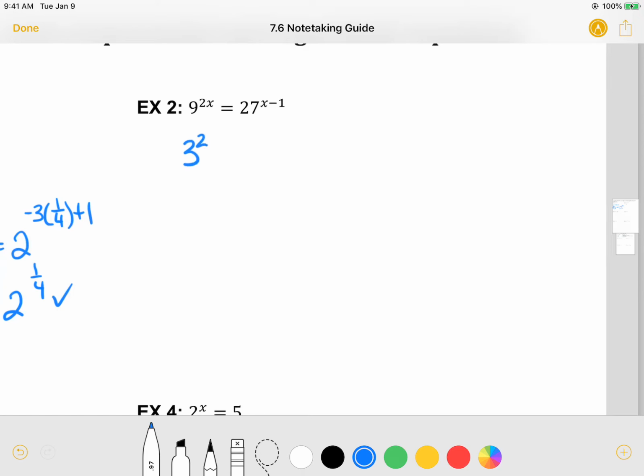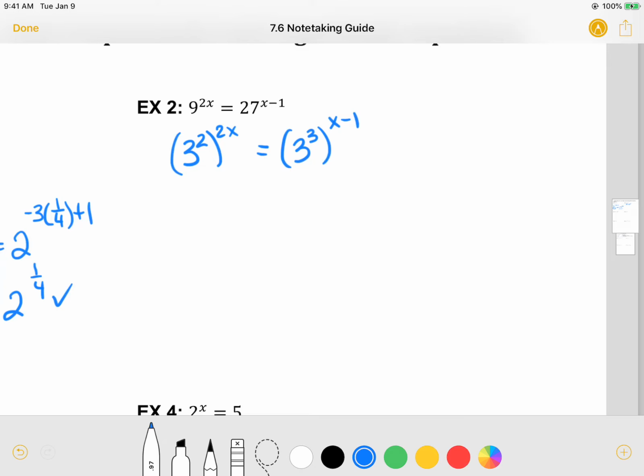So 3 squared raised to the 2x is the same thing as saying 9 to the 2x power. And then 27, I want to rewrite as an exponent, but I want to use a base of 3. And I know that 3 to the 3rd power is 27. So I'm going to rewrite that as 3 to the 3rd power raised to the x minus 1.